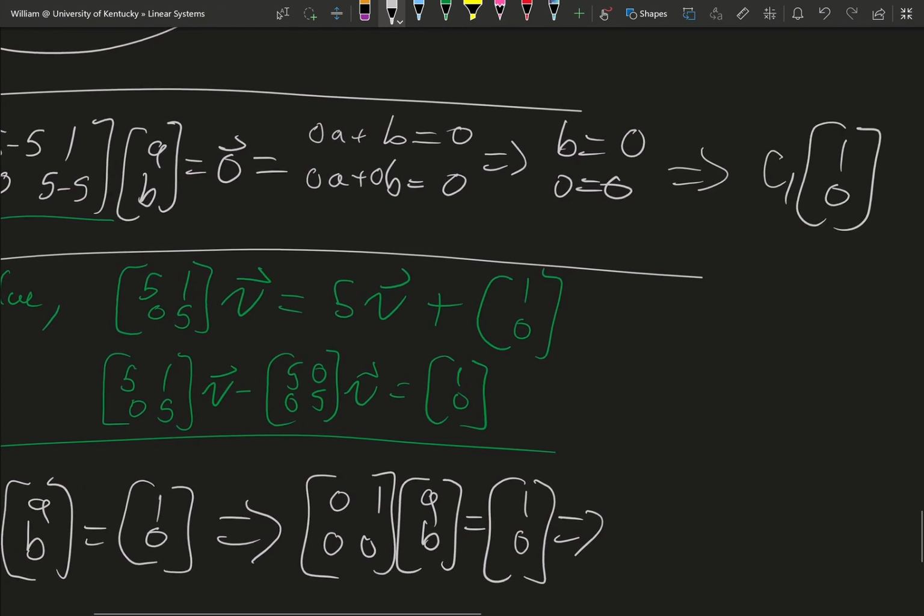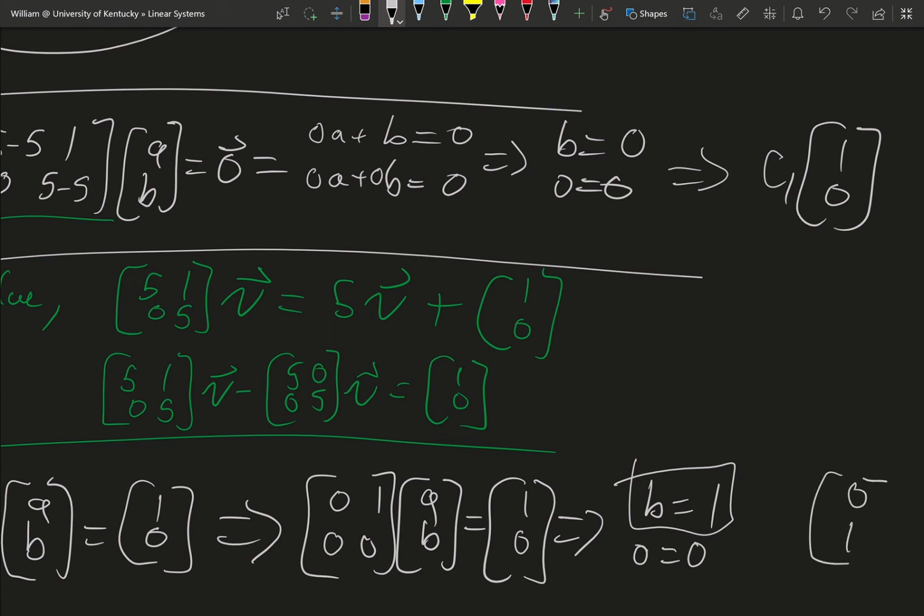And now what we're going to get is b equals 1 and 0 equals 0. So we could again assign a to be any value we want, but b has to be 1. And so we could get our generalized eigenvector of (0, 1).